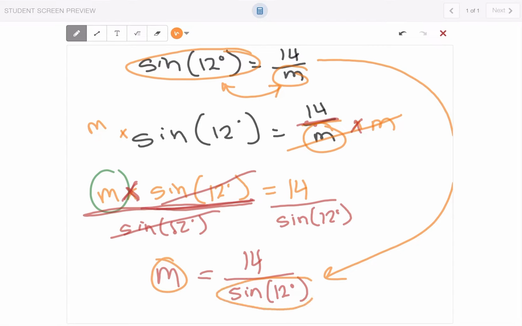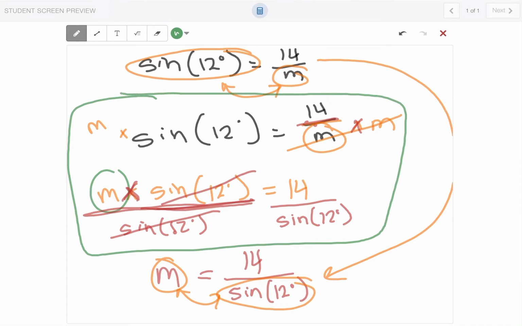They have changed positions because we initially multiplied by m on both sides, causing it to go to the left-hand side of our equation, and then divided both sides by sine of 12 degrees, causing it to go to the right-hand side of our equation, okay? So maybe you can draw a connection there that all of these steps in the middle are essentially to get your trigonometric function and your variable to switch sides.